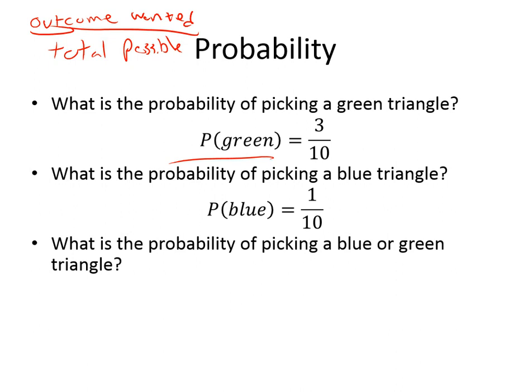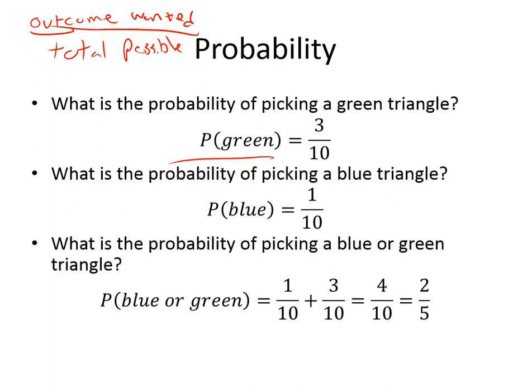Now the last one says, what's the probability of picking a blue or a green? It could be either a blue or a green. How many blues and greens are there? So total, there is 4 total, so it would be 4 out of 10, which reduces down to 2/5.